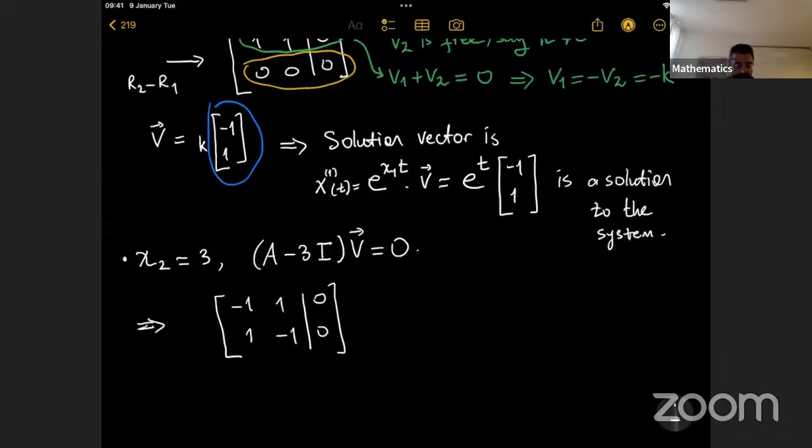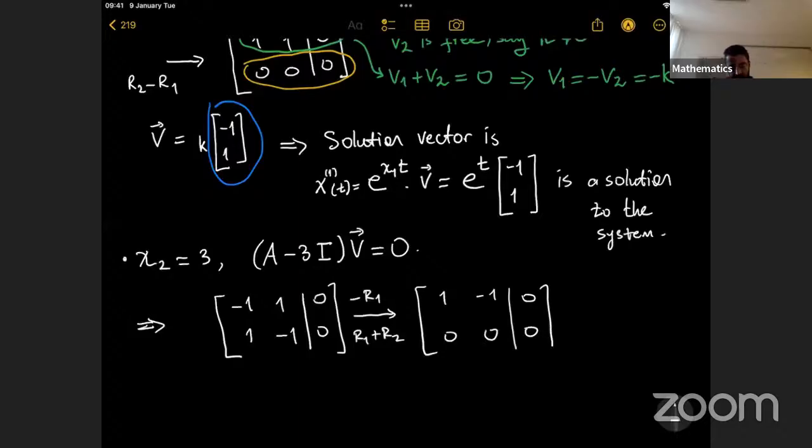Well, again, this gives you minus r1, and r1 plus r2 gives you the following: 1, minus 1, 0, 0, 0, 0. And again, here v2 is free. Let's call it L, okay?